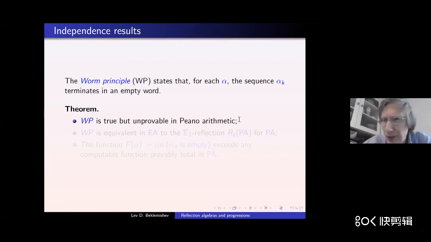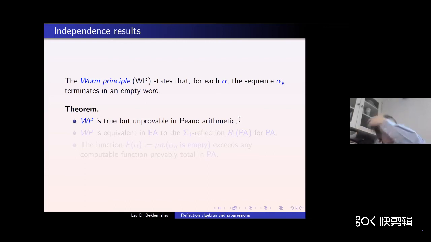The most traditional kind of argument would be to assign ordinals to these objects, to worms, and check that the rules of the game lead to the decreasing of these ordinals. And as we know that there are no infinite descending sequences of ordinals, that would mean that WP should in fact be true.